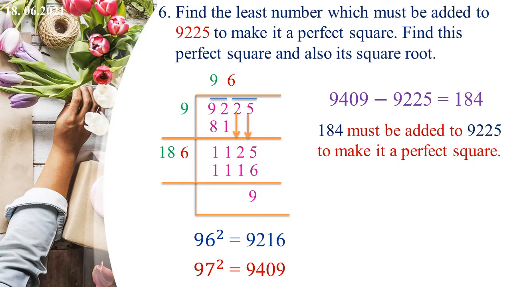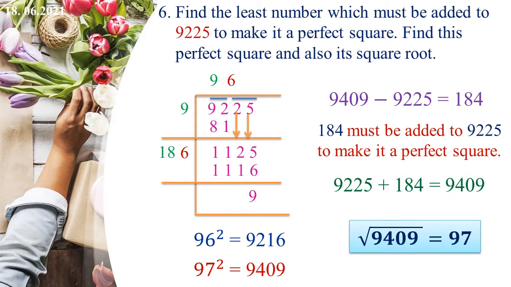So, 184 must be added to 9225 to make it a perfect square. 9225 plus 184 equals 9409. The square root of 9409 is 97.